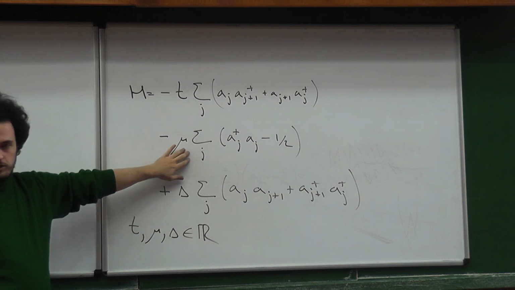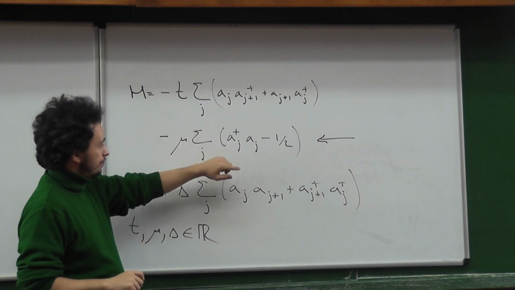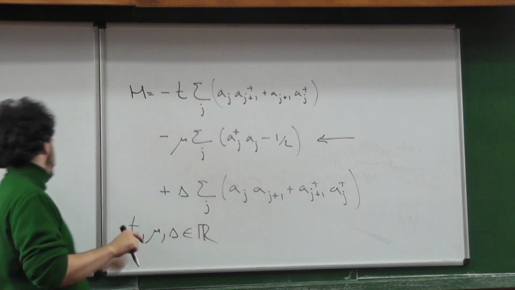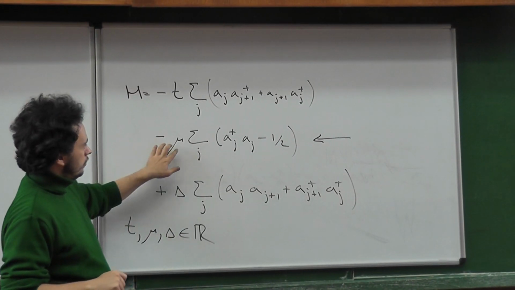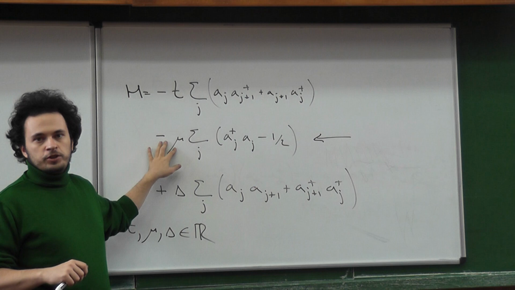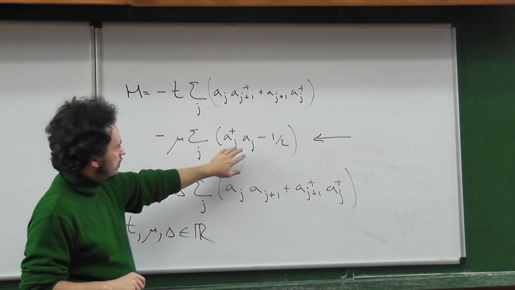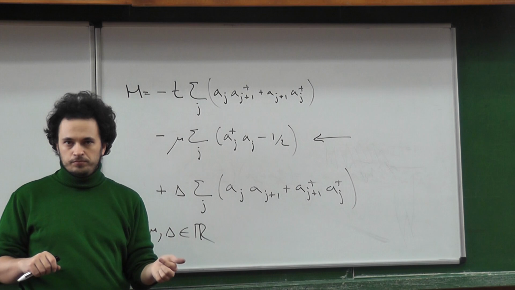Start with this term. This is the simplest term. It tells me that if site j is occupied, then there is a contribution of minus μ over 2 to the energy. And if site j is empty, there is a contribution of plus μ over 2.